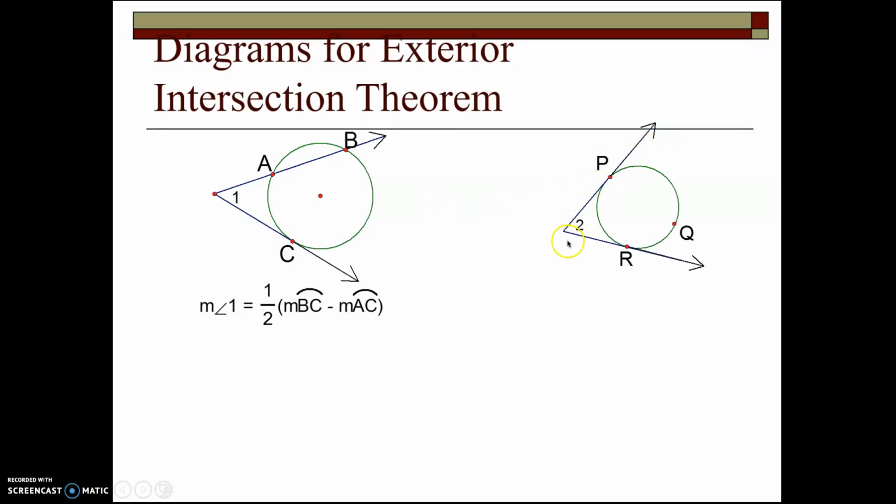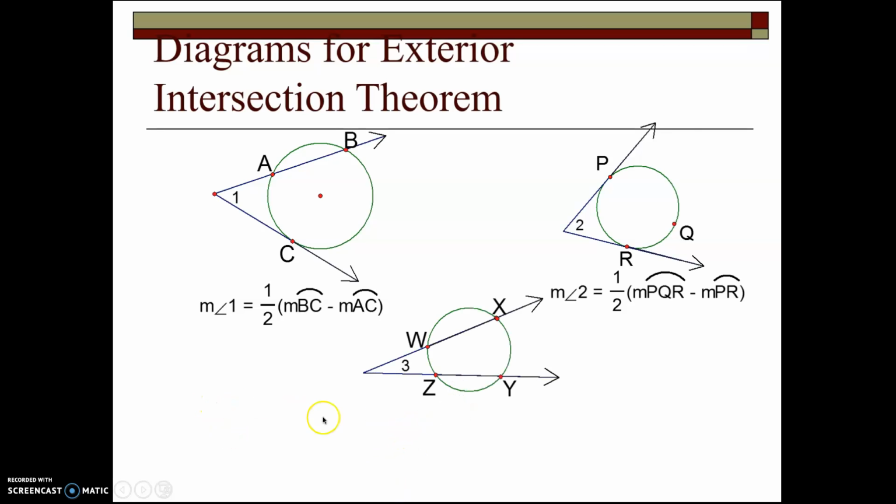If we have 2 tangents, then that involves the whole circle, if you notice. So it would be measure of angle 2 is going to be the big arc, the major arc, minus the minor arc. So measure of angle 2 would equal 1/2 of the difference of arc PQR minus PR.